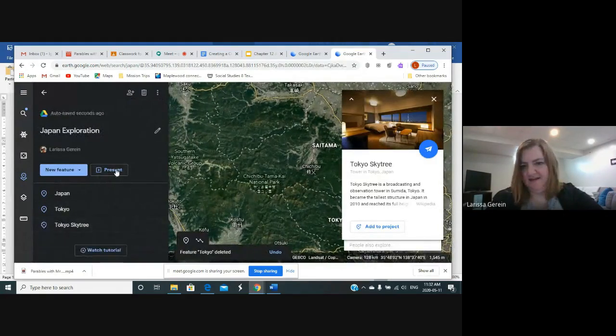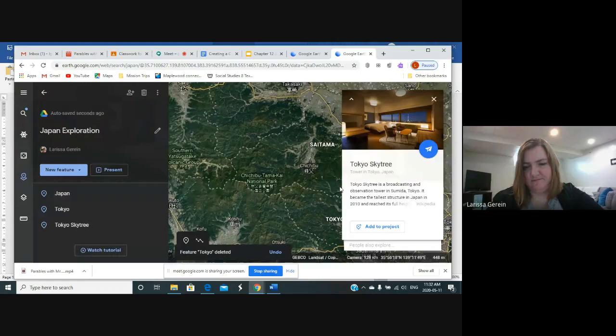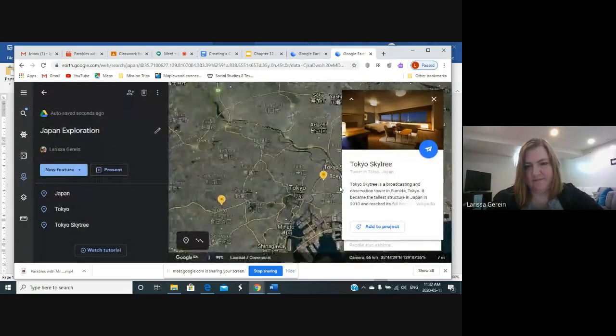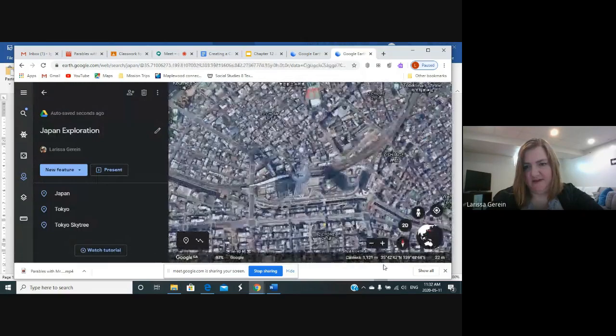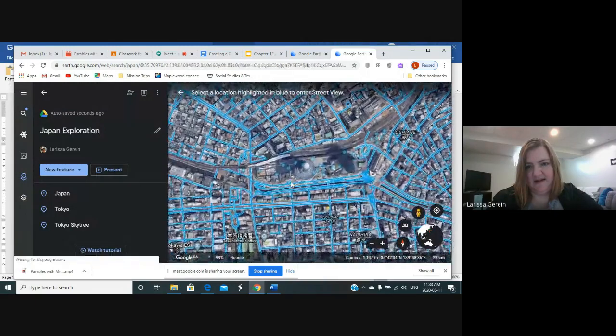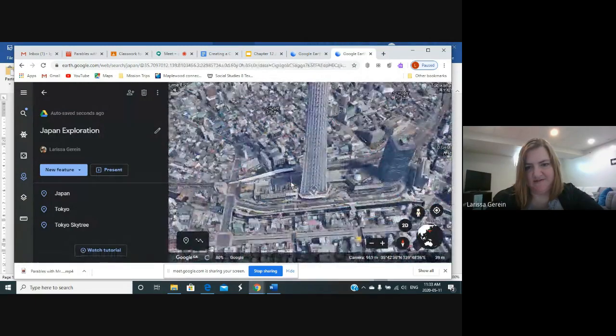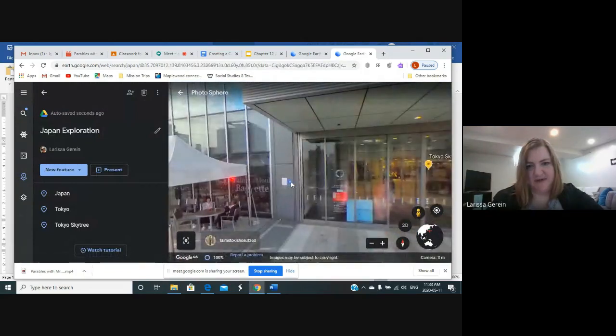And then if I close out of this, I could even get a street view. So this is pretty cool. So then I'm standing in front of it. So that's pretty neat.